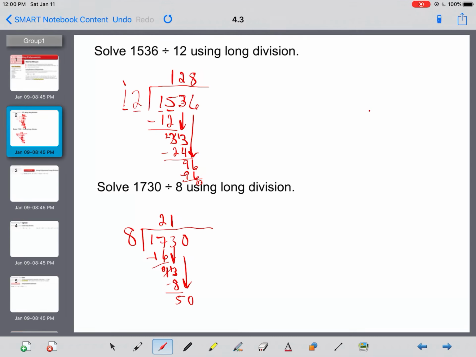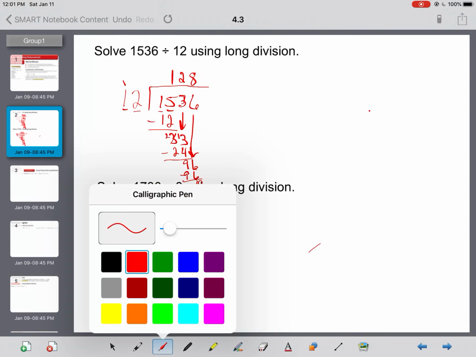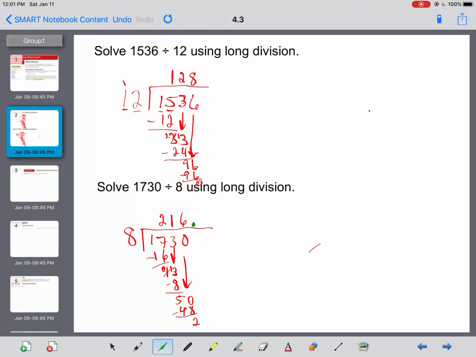Okay. 8 goes into 50. Let's see. 5 times is 40. 6 times is 48. That's just below. So we'll do 6 times is 48, and we get a 2. Now we've run out of numbers to drop down. Now if you're getting exact and you're going to go into decimal places, you could add a decimal place, throw a 0 on there, drop it down, and keep going.